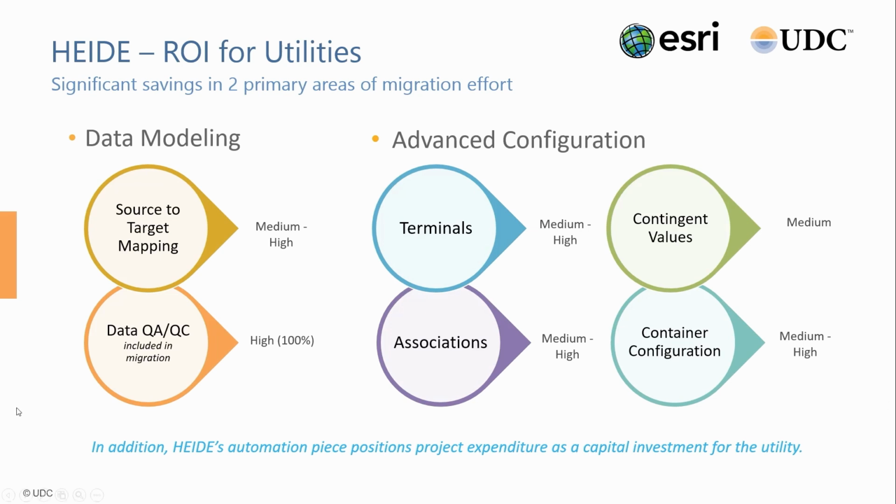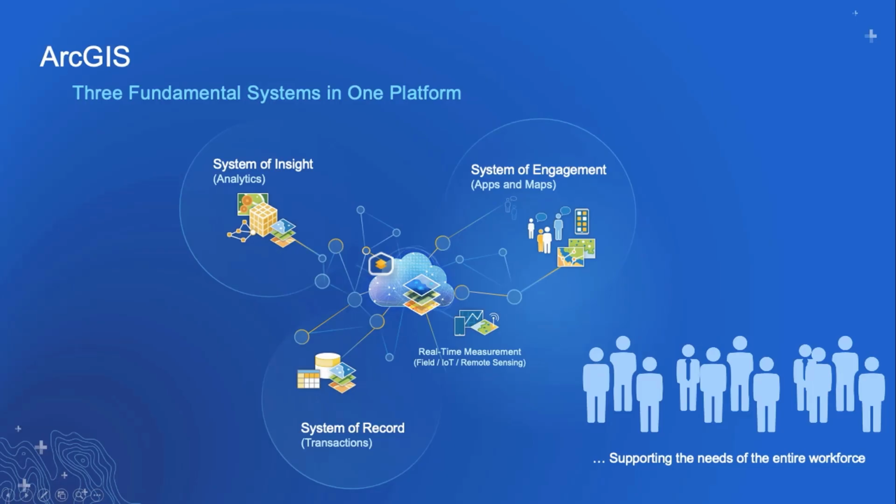A little bit about our offering in terms of our partnership with Esri. As a partner with Esri, our offering supports the architecture of ArcGIS, and that's a single platform that provides a system of record, a system of insight, and a system of engagement.